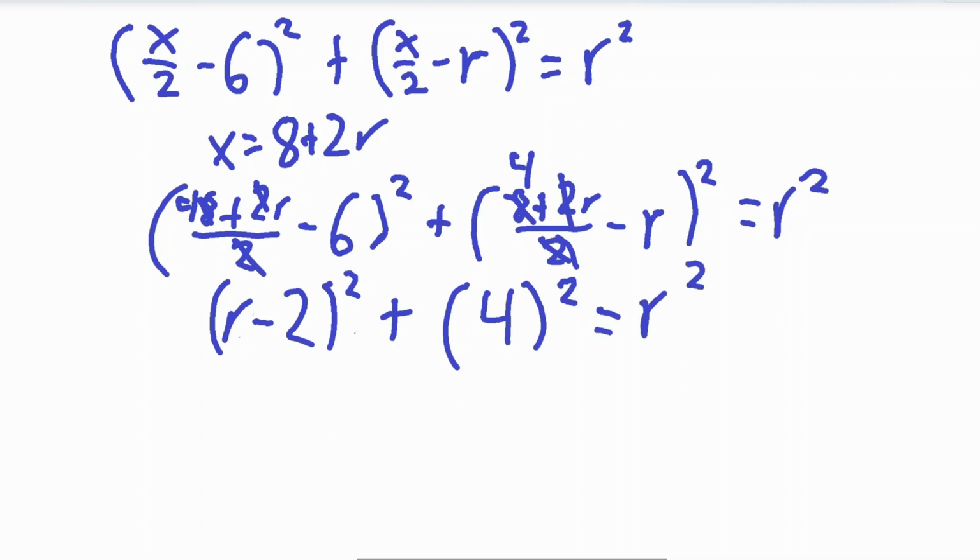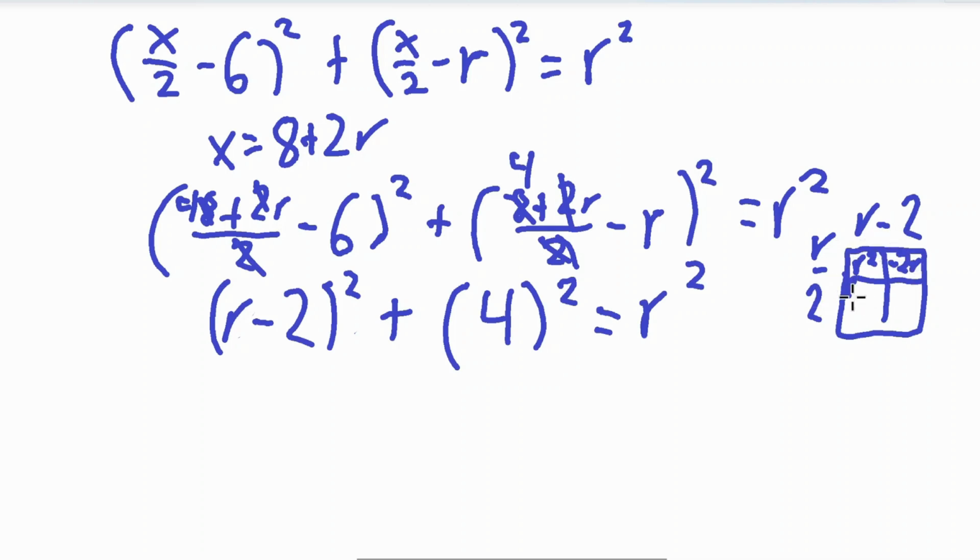So let's expand our (r minus 2) squared. To do that, I'm going to use the box method. With the box method, you write your two expressions into a box, each on two sides. So I have r minus 2 twice here because we're squaring it. And then in each box, we multiply the column by the row. So r times r is r squared. r times negative 2 is negative 2r.